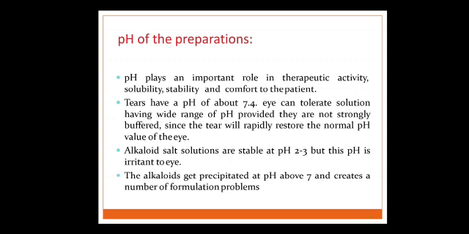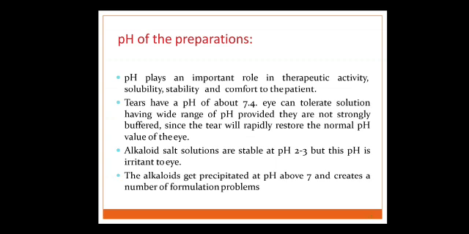Fourth one is the pH of the preparation. pH plays an important role in therapeutic activity, solubility, stability, and comfort to the patient. Tears have a pH of about 7.4. The eye can tolerate a solution having a wide range of pH provided they are not strongly buffered, since the tears will rapidly restore the normal pH value of the eye.